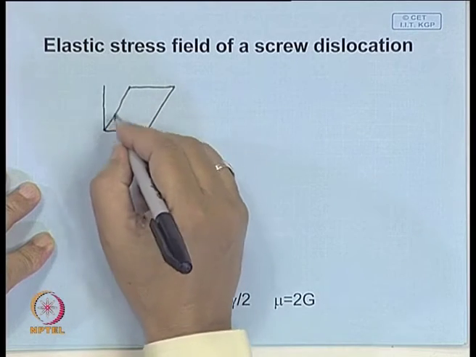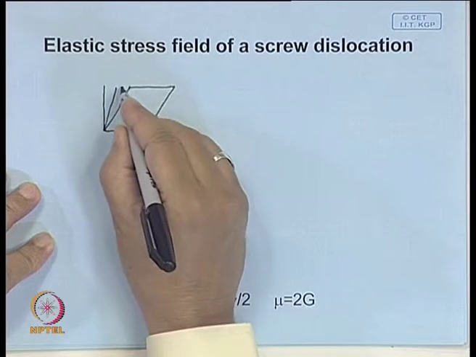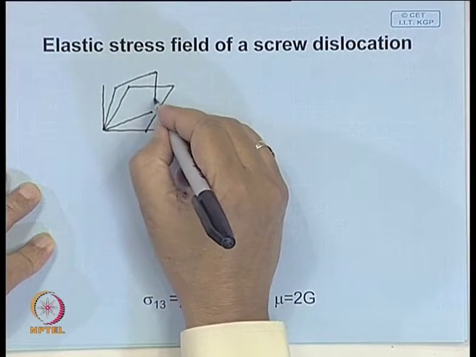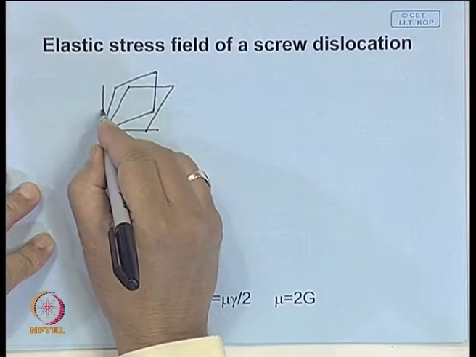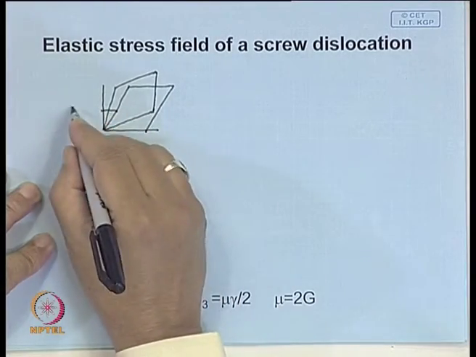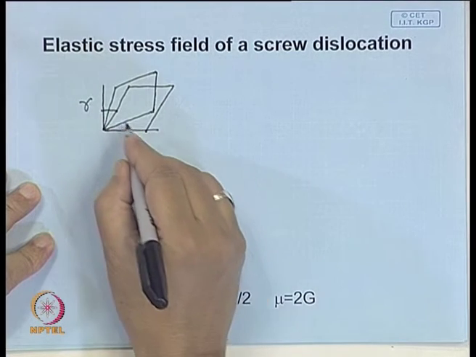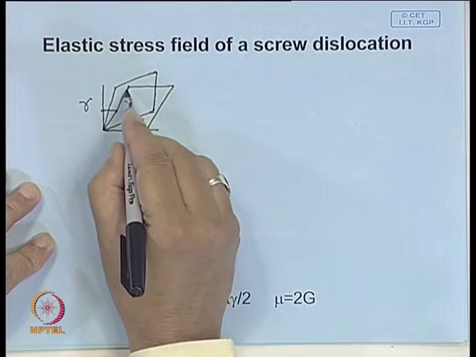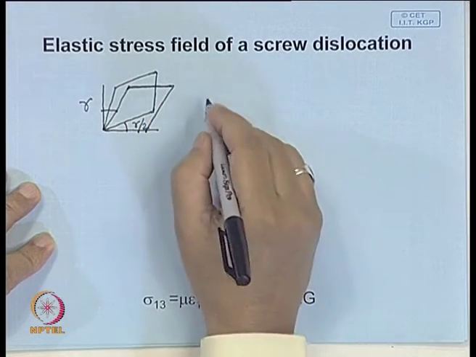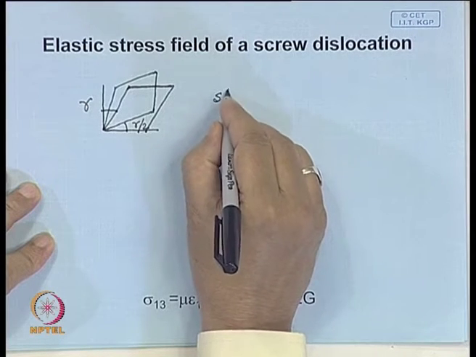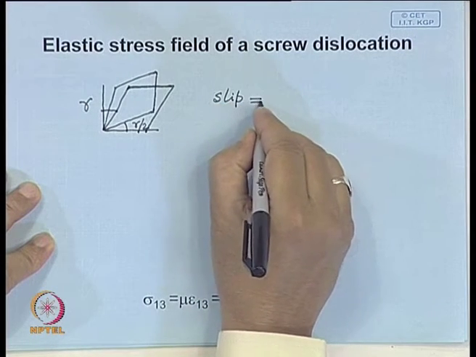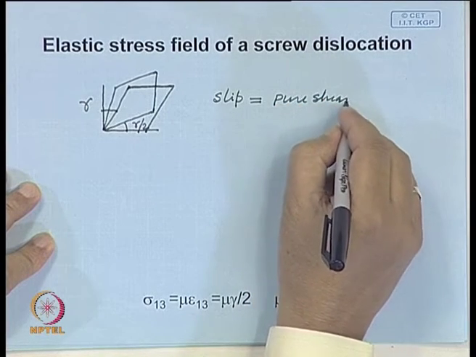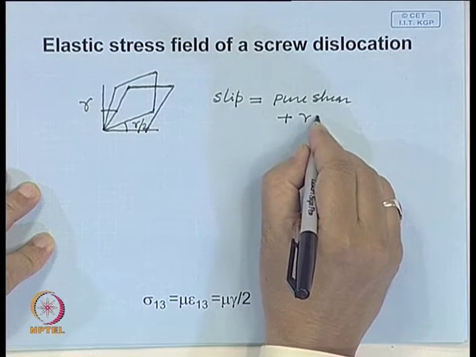Now, if you rotate it like this, so here this is gamma, whereas if you rotate by gamma by 2, simple shear, that means slip or glide, is a process of pure shear plus rotation.